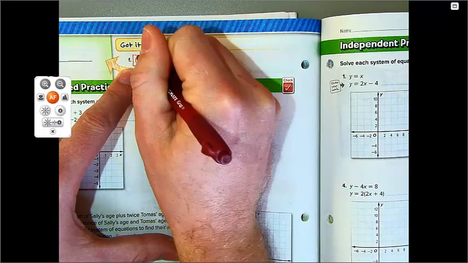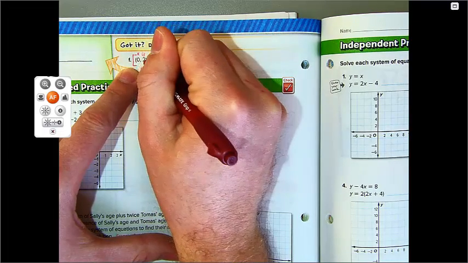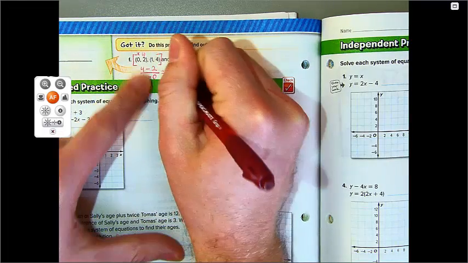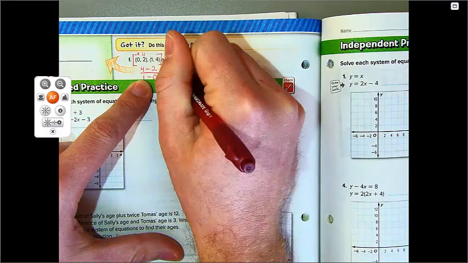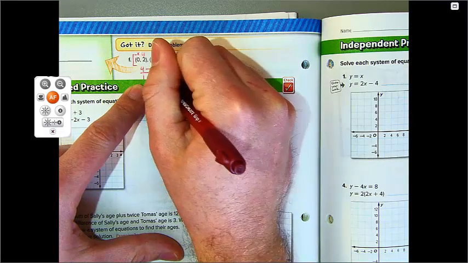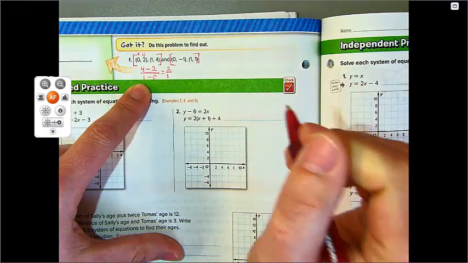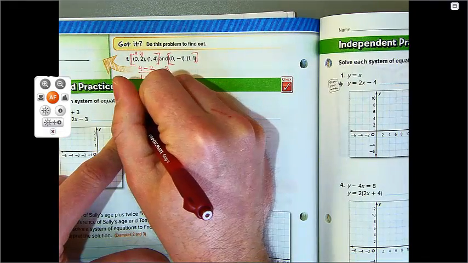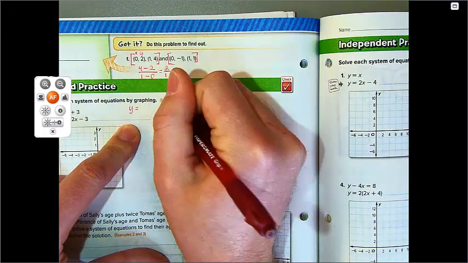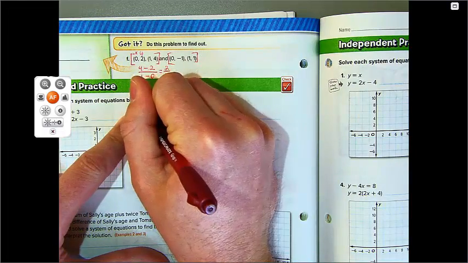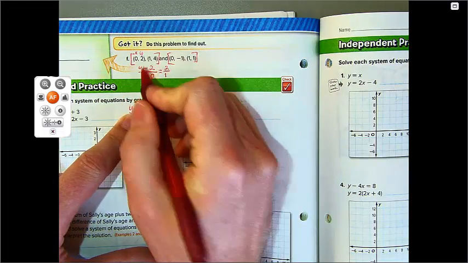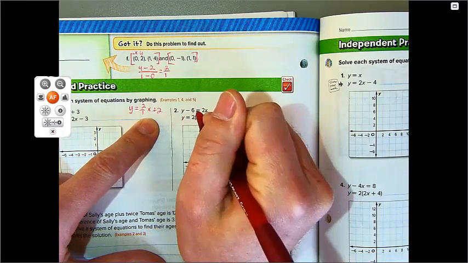Well, here my x is 0, so the y that goes with it, my y-intercept's 2. So 4 minus 2 is 2. 1 minus 0 is 1. So my slope for the first one is 2 over 1. So my equation is going to be y equals, my slope, 2 over 1, x, what's my y-intercept? 2 plus 2. There's my first equation.